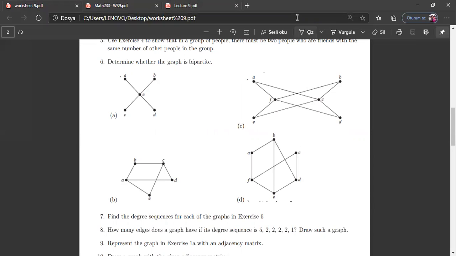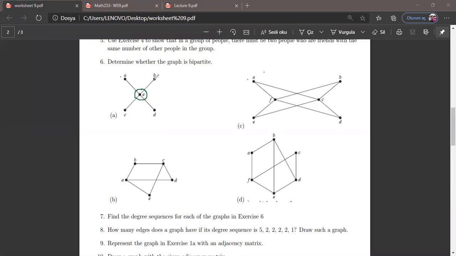Okay, so let's start by painting the vertices. Let's paint this one green. Then remember, if we have adjacent vertices, they should have different colors.